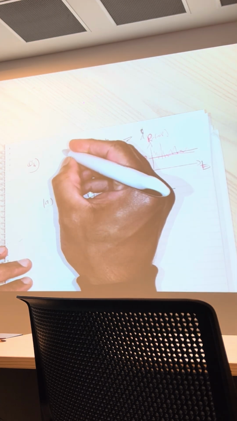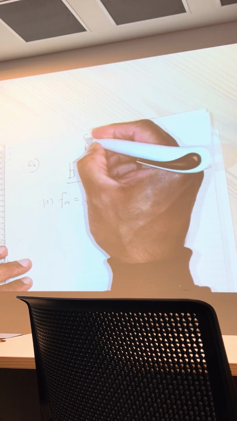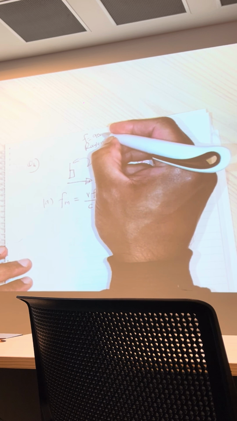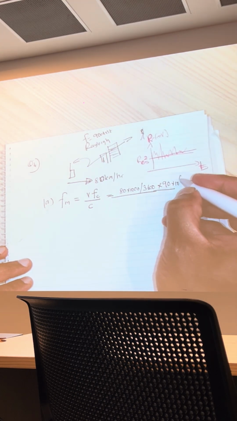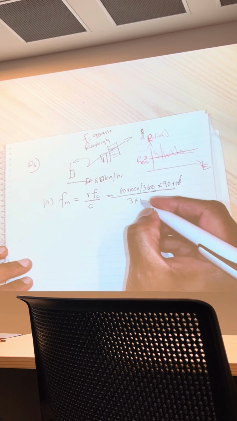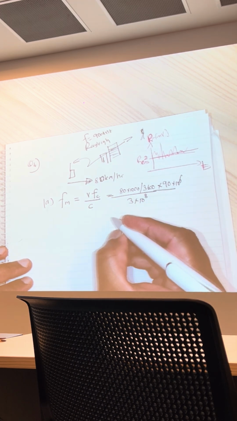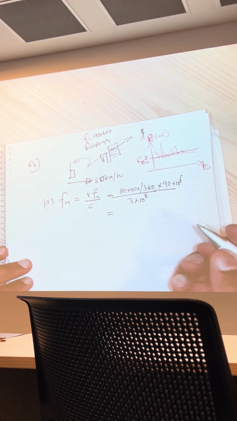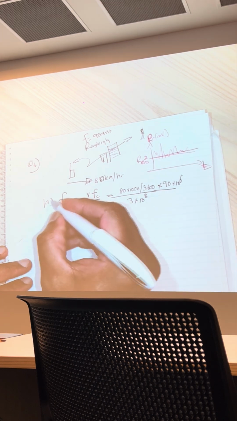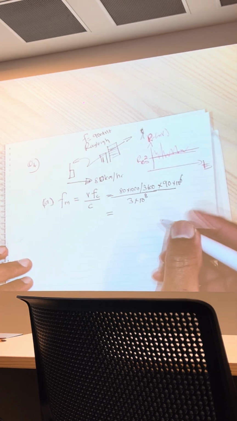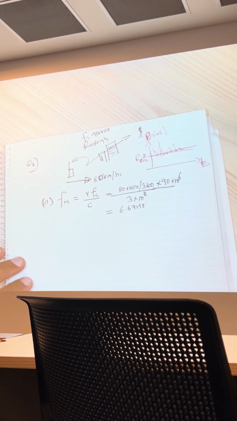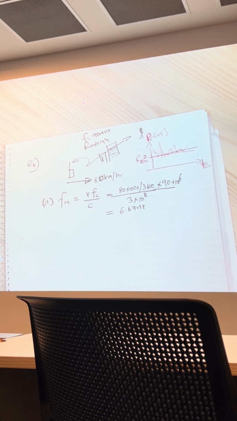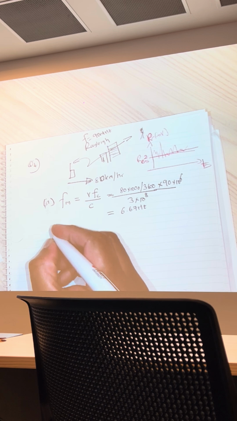So that's 90 into 10 to the 6 divided by 3 into 10 to the 8. That's directly from the lecture notes. That's 6.67 hertz. I think we did this last week, so just for the sake of completion.